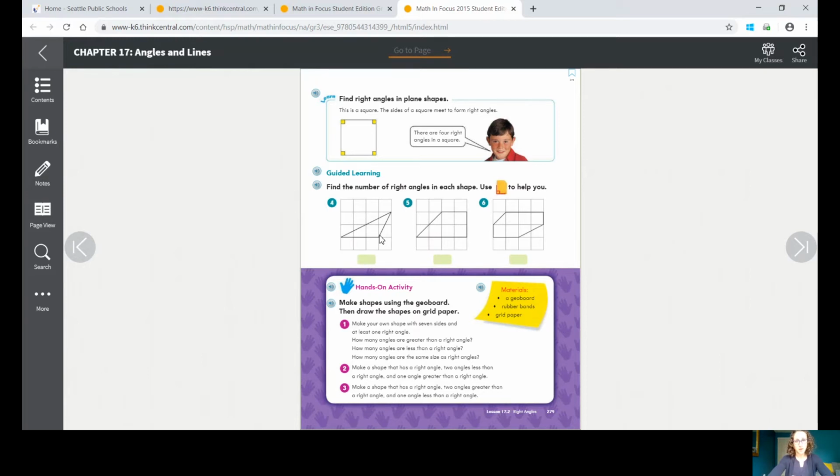In number 4, there are 0 right angles. In number 5, you can see that there are 2. One right here and one right here. And in number 6, you can also see that there are 2. Right here and right over here.